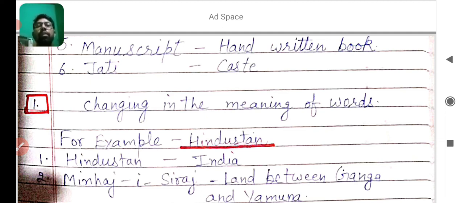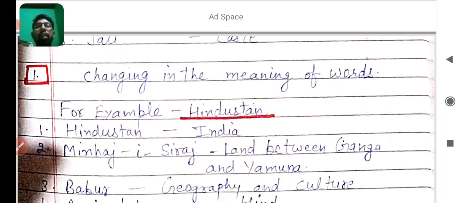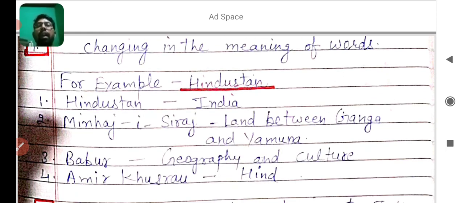In ancient time a writer named Minhaj-i-Siraj used this word for the land between Ganga and Yamuna.